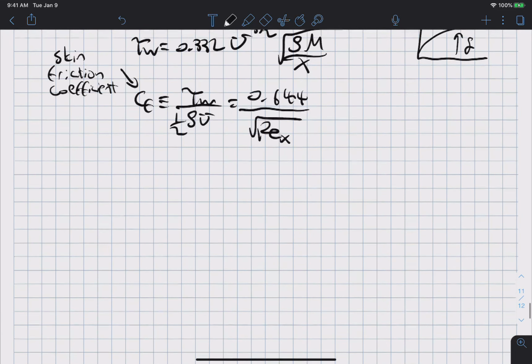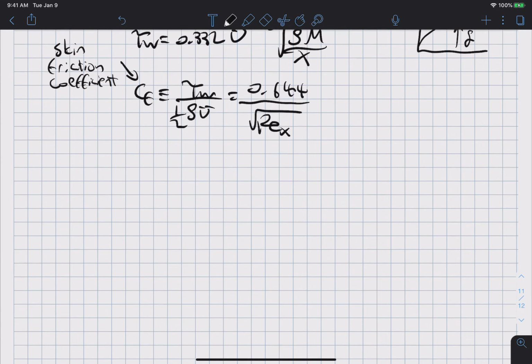And then finally, for the flat plate, we can find the drag coefficient and the net drag force.